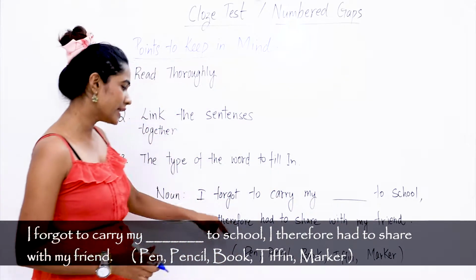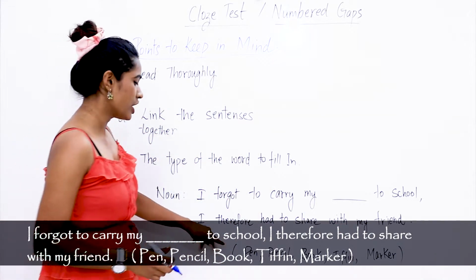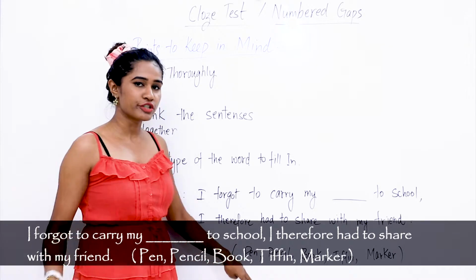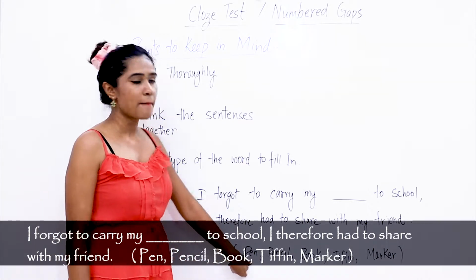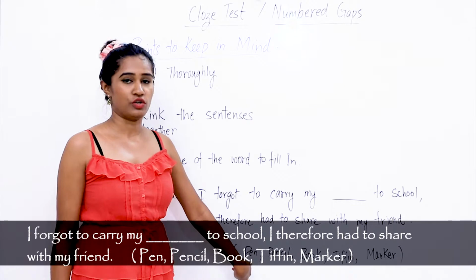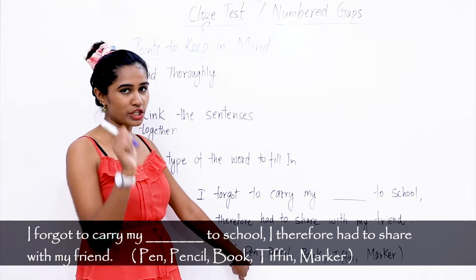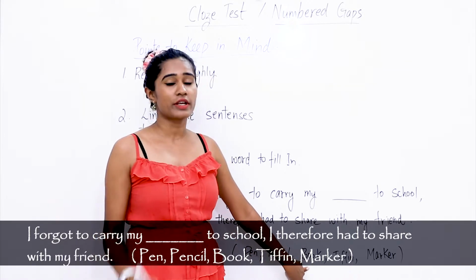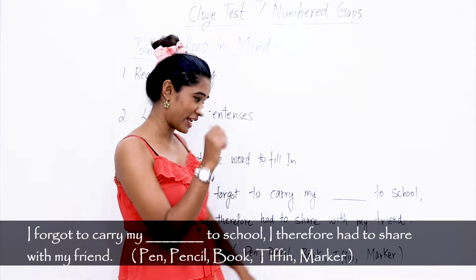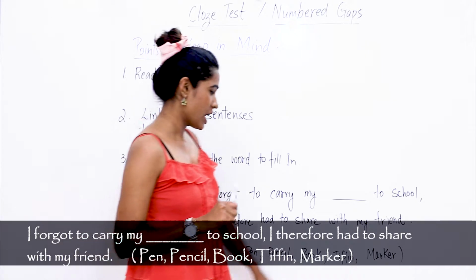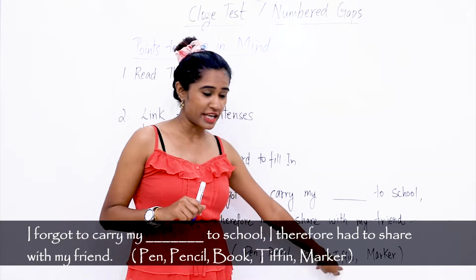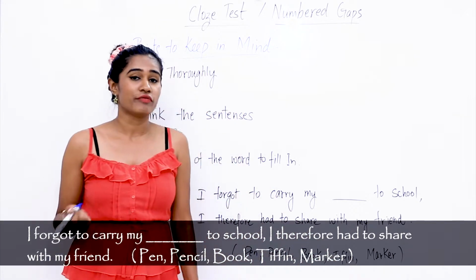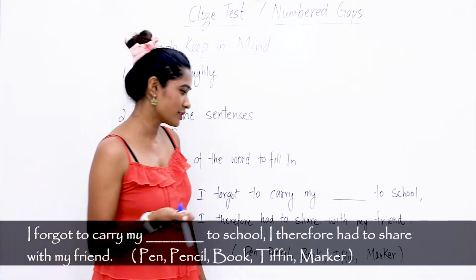So when you link it to the second sentence, you get to know that if you take pen as an option, a pen cannot be shared, only one of us can write with one pen. Pencil, same. A book also cannot be shared, it can be used by only one person. Tiffin, yes, it can be, because we often share our lunch boxes.